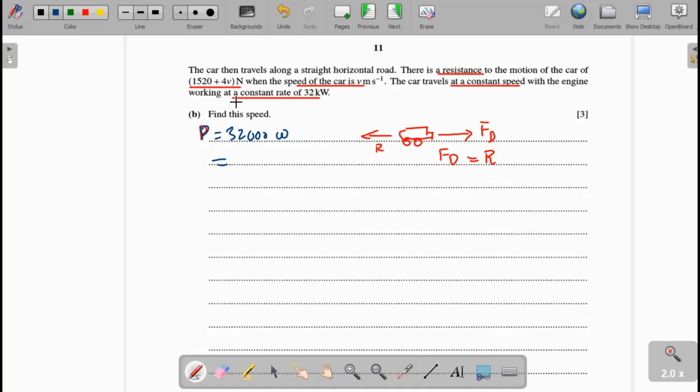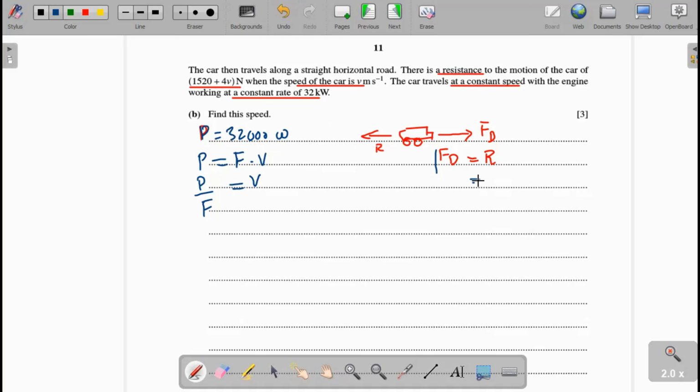Power is equal to F into V. Therefore, we have to find the speed of the car, that will be equal to P over F, and F is the force acting on the car, that is F equal to R. Therefore, we can use this force value here.